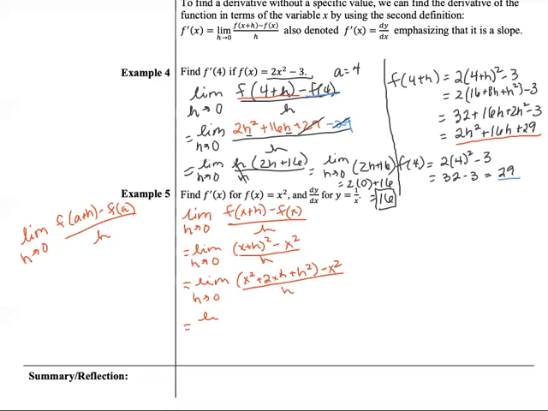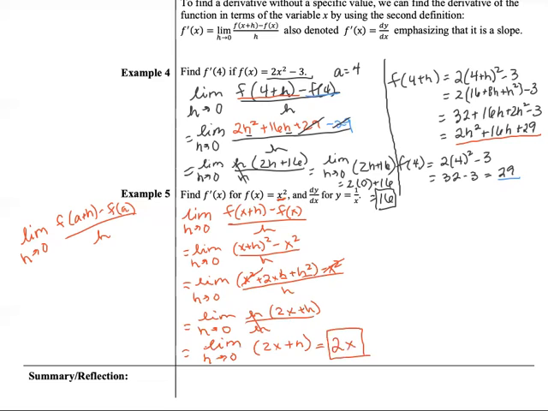So then we get the limit as h approaches 0, x squared minus x squared goes away. Factor out an h times 2x plus h over h. You'll notice that an h almost always factors out. Equals the limit as h approaches 0 of 2x plus h. We know that x squared is continuous, so I can substitute a 0 for h, so we get just 2x.